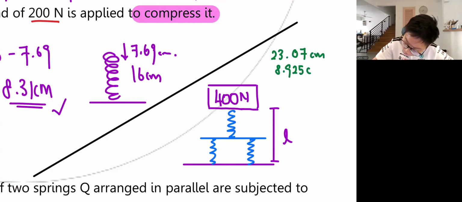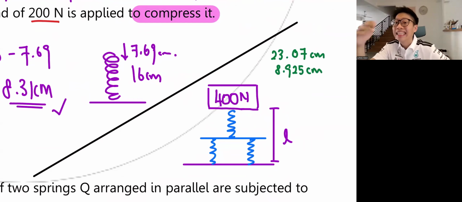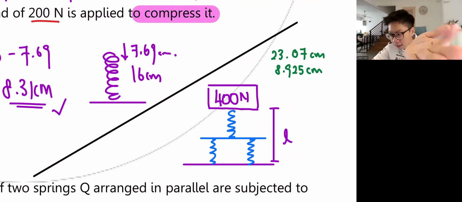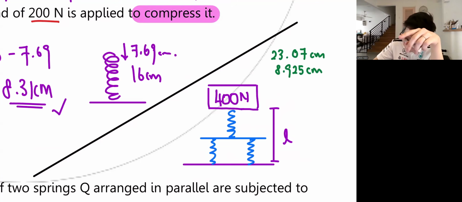We got 8.925 cm some more. 89 cm. 89, sorry. 89.25 cm. Again, oh, sorry. Okay. See? Challenging, you asked for it, but you want to do, you don't want to do. Aduh, hurry up guys. Come on. 19.84.